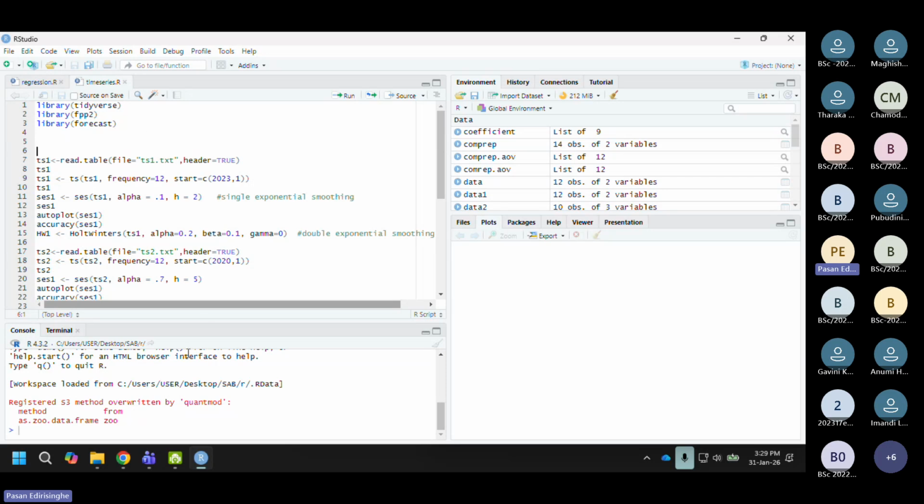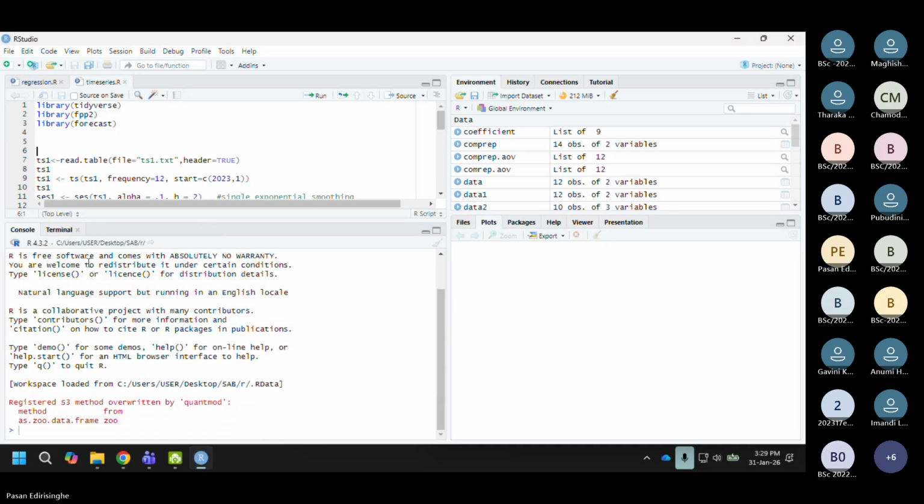If you use R without R Studio, you will have only this part. You can type all these codes there, but we cannot go back to one code and change it, because then we have to do it all again. That's not very user friendly.